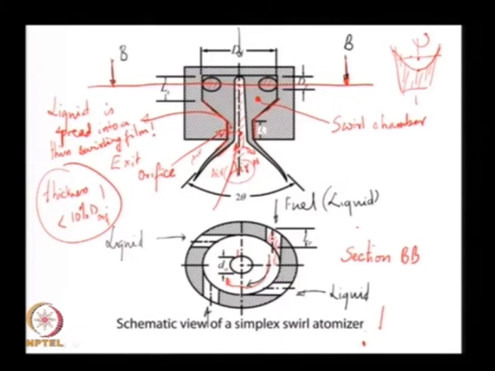I can now control the axial motion, which is set by my mass flow rate, independent of the film thickness, which like I am going to show you is going to be one of the main determinants of the droplet size. A simplex design allows you to control droplet size relatively independent of the mass flow rate that you put in.